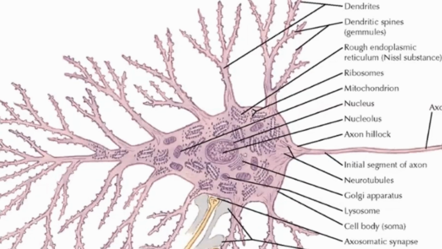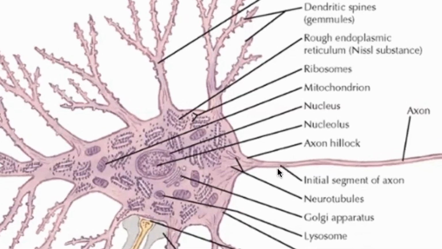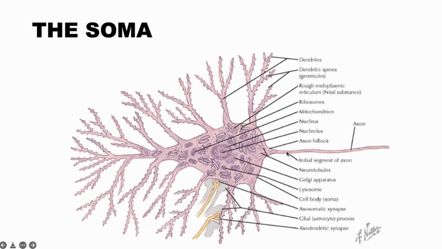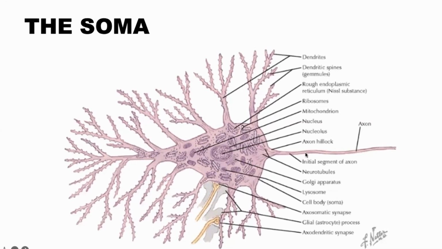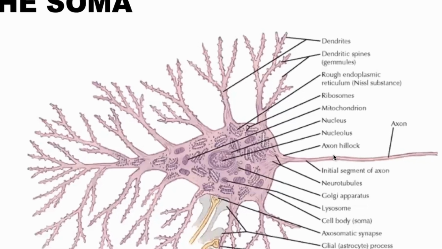The initial segment of the axon is basically where you have action potentials being generated most often. And then you'll realize that there are cells that are going to contact different areas of the axon, where we said there were oligodendrocytes in the central nervous system. They will contact different segments of the axon to myelinate it.